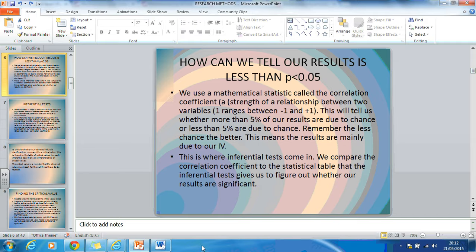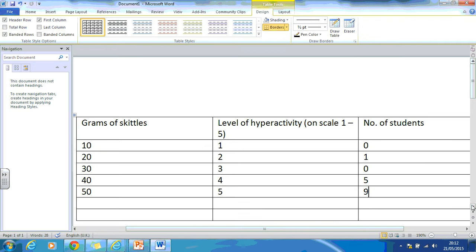Now, I'm just going to quickly go into Word, and I'm going to give you a little bit of a scenario, and we're going to see how this actually changes and what an observed value is. So I'm doing an experiment on my class, you guys. I'm checking the level of hyperactivity in terms of how many grams of Skittles you ate.